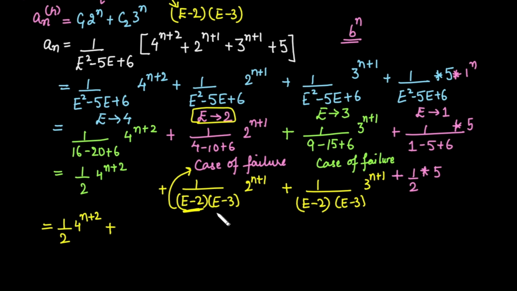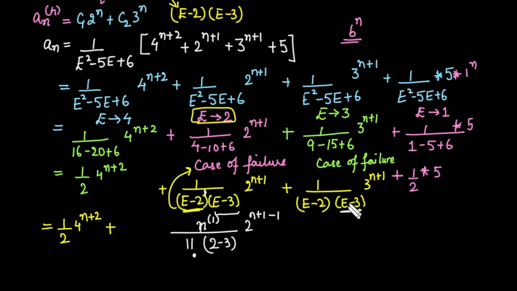Means here instead of writing the case of failure, we will keep 1 upon 2 minus 3 as it is, and for e minus 2 we will take its power as 1. It means we need a factorial polynomial of power 1 divided by 1 factorial, and this is changed by negative 1.